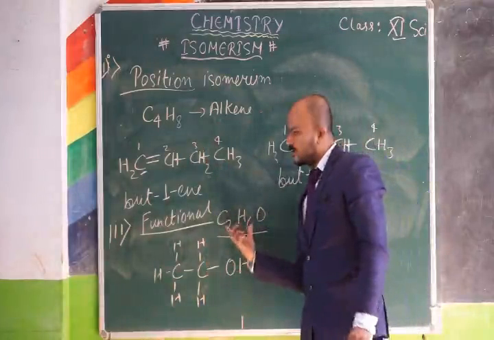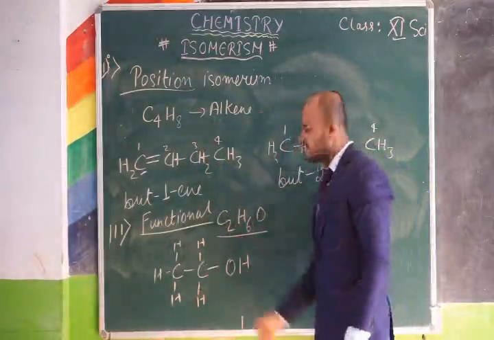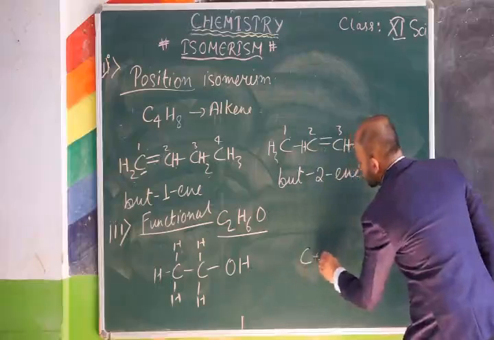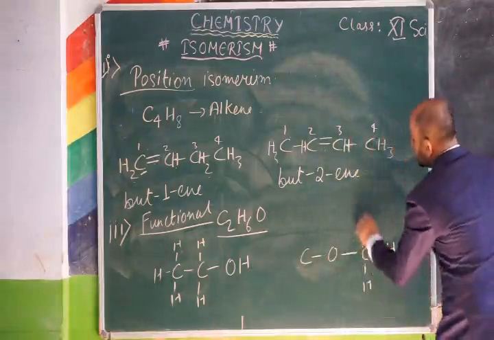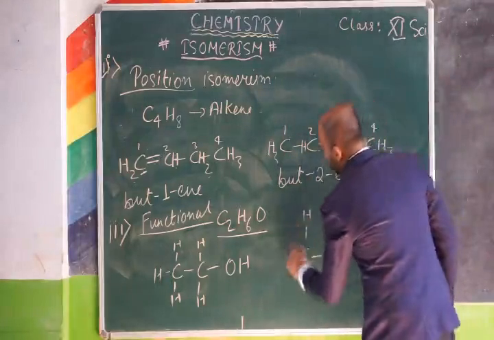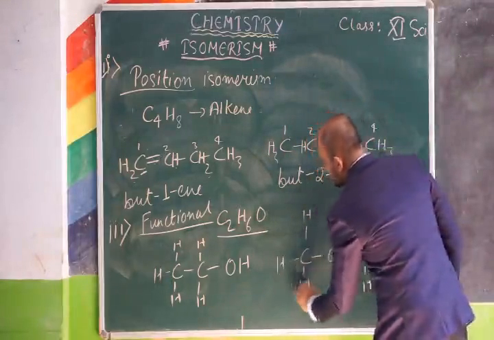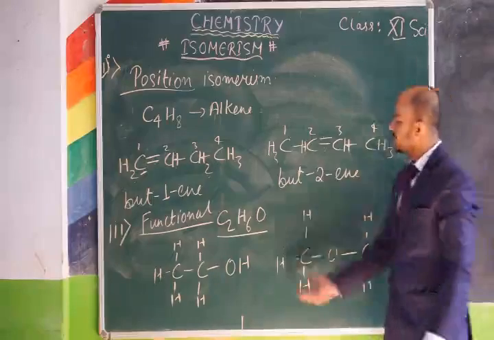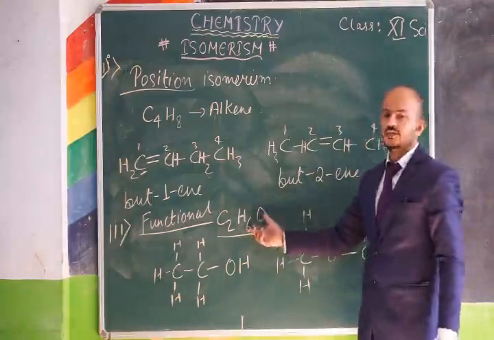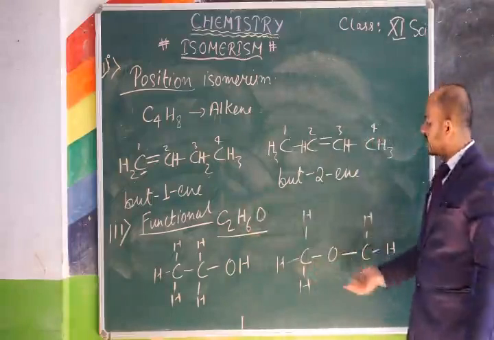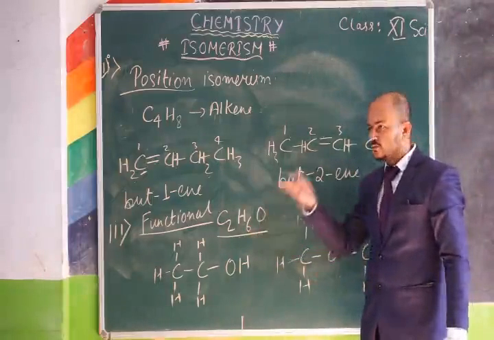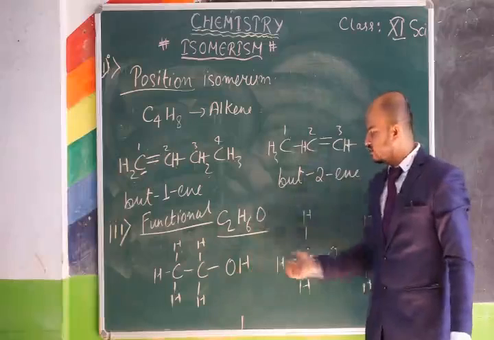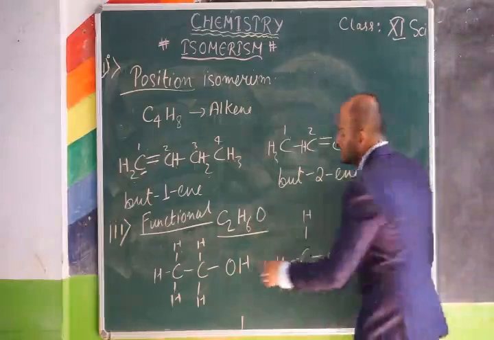So with this molecular formula, we can have this structure, or we can also have the structure where oxygen is joined to two alkyl groups. You can count the number of carbons, oxygen and hydrogen; it is exactly matching the molecular formula.